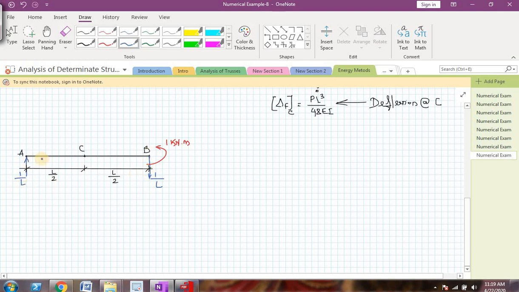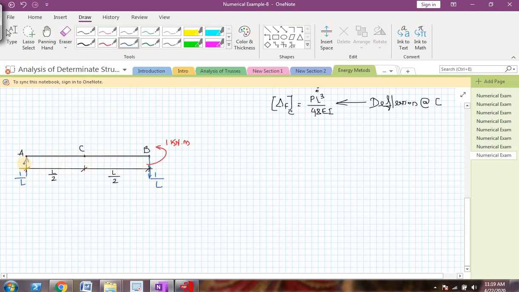Now how can you judge whether it is downwards or upwards? It is very easy. See, this moment is trying to rotate this beam in the anti-clockwise direction. Now you have to develop reactions such that they rotate the beam in a clockwise direction.